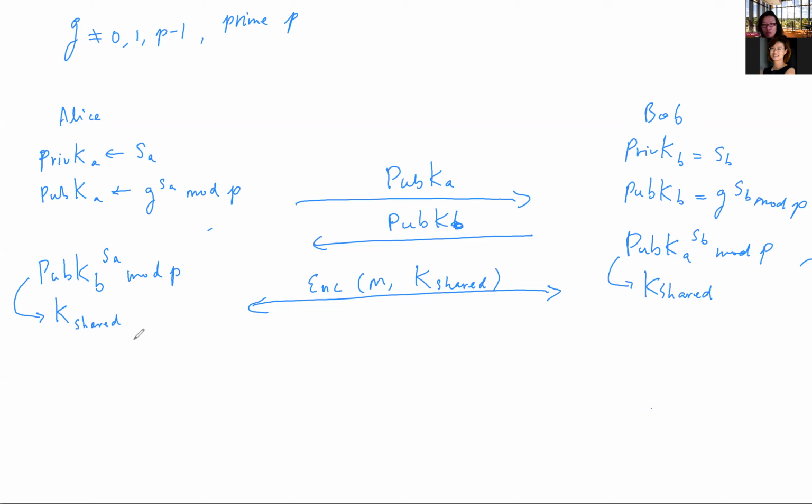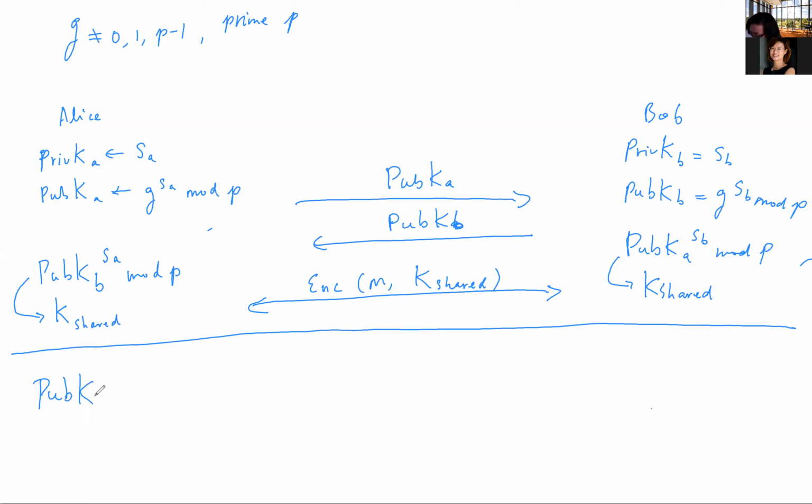So that's the protocol. It's relatively easy, and then you may wonder, what's the magic here? How come they each do their own computation and then get the same shared key? Let's just verify. In Alice's case, pub K B to the SA, mod P. What is it? Well, pub K B is G to the SB.